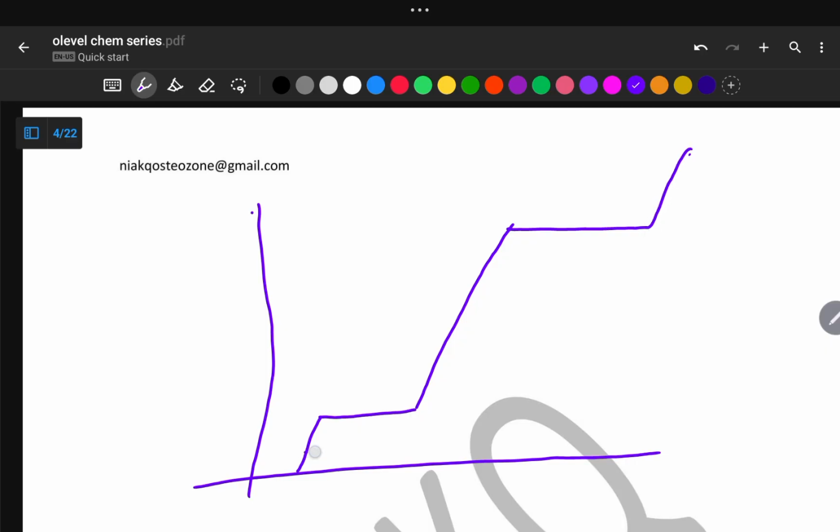So we are having ice here, the warming up of ice, and then ice melting here, and then we are having water warming up, and then we are having water boiling here, right?